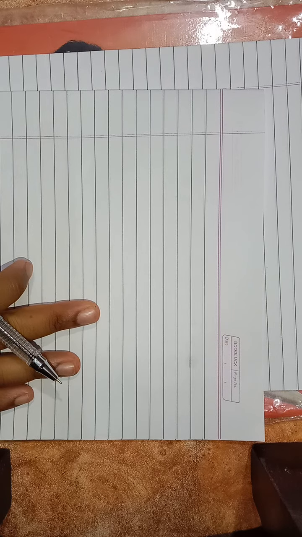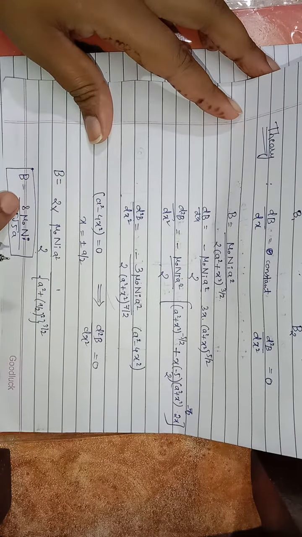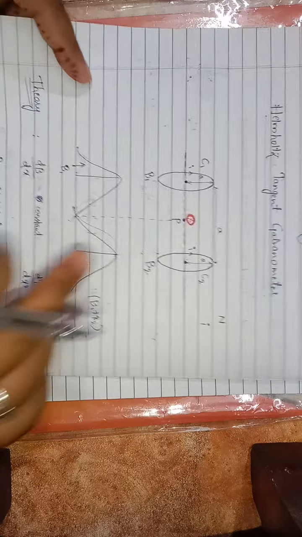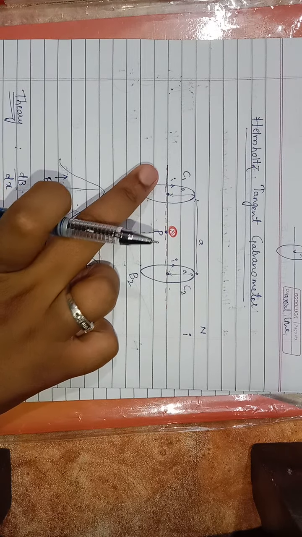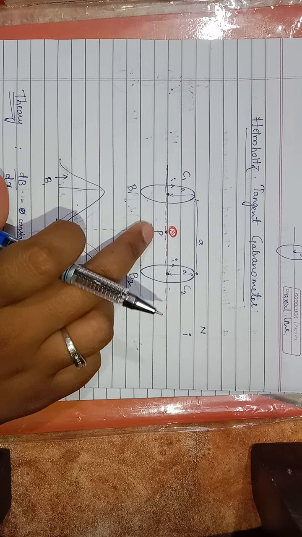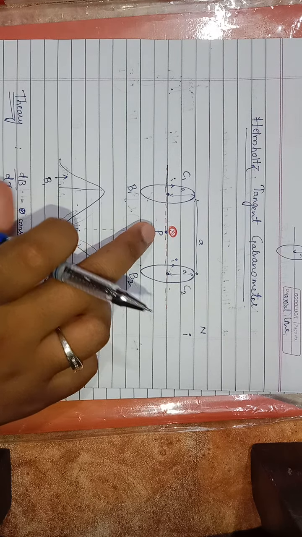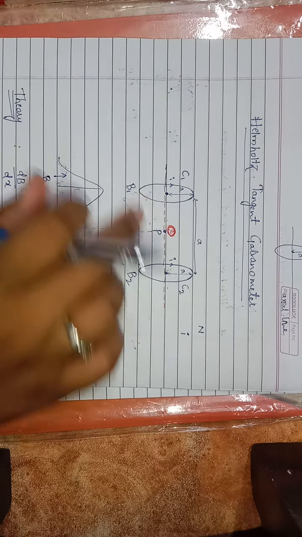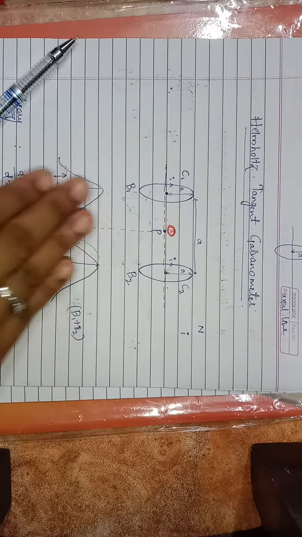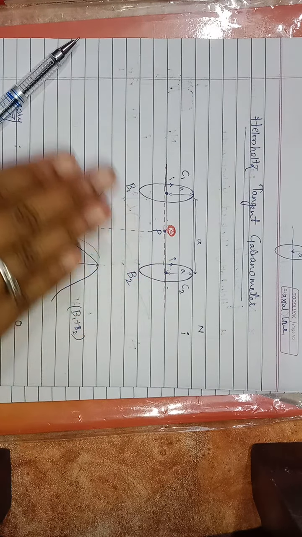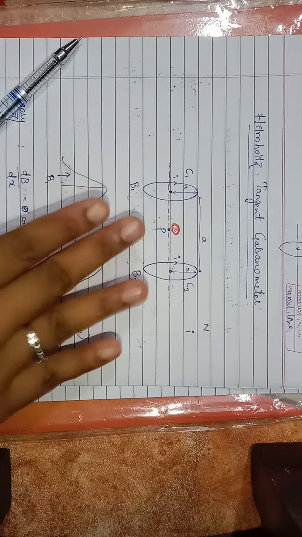So in order to find the unknown current, how to find the current flowing in this, since you have found the magnetic field? If you want to find the value of I in this situation, what we have to do is, these two coils are now lying in the plane of the paper.